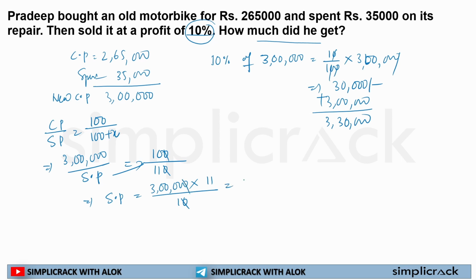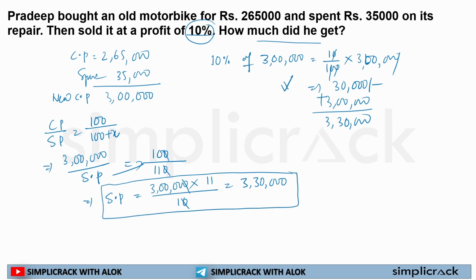So 0 0 will cross out, it will be 3,30,000. So how much did he get? He gets 3,30,000. You can solve it this way, or you can solve it through this formula. Whatever you remember, you can solve it that way. I hope now this is clear to each and every one of you. Okay.